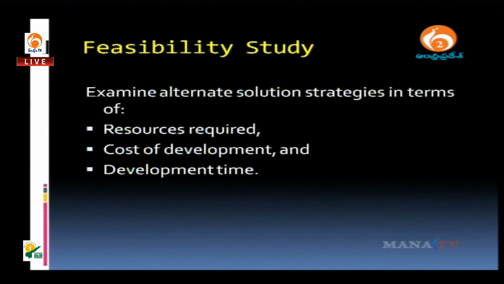Next activity is to examine alternate solutions. If one solution is not meeting the customer requirement, we go for another solution, in terms of resources required, cost or budget, and duration of the project. All those things are performed in this feasibility study only.